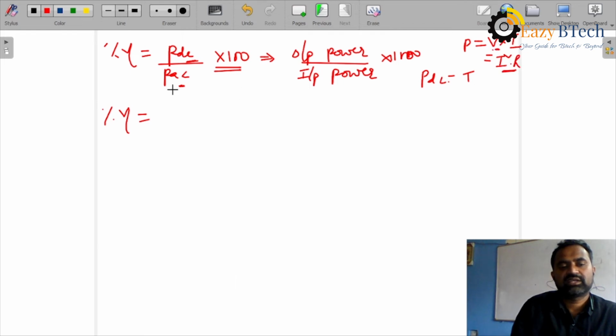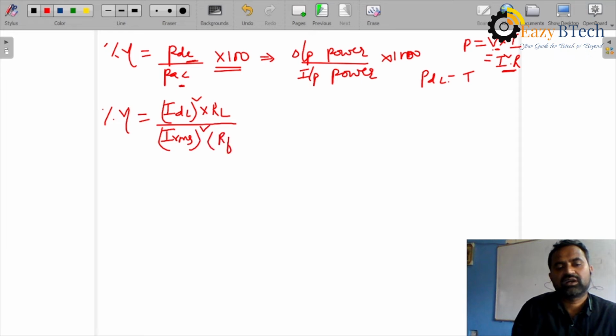PDC we will write as IDC square into RL, and PAC, that is IAC, means RMS, IRMS square into the forward resistance plus load, RF plus RL, into 100. This is efficiency.